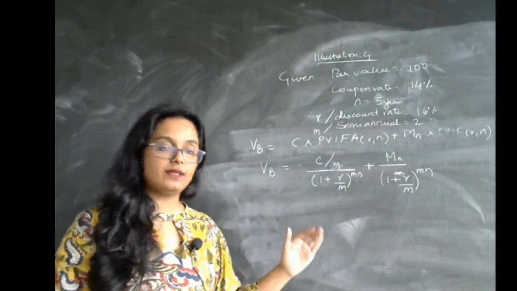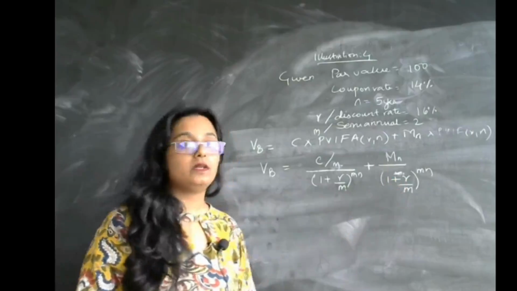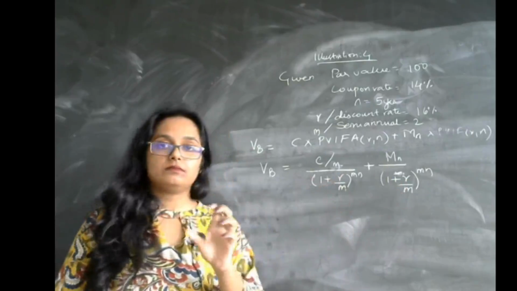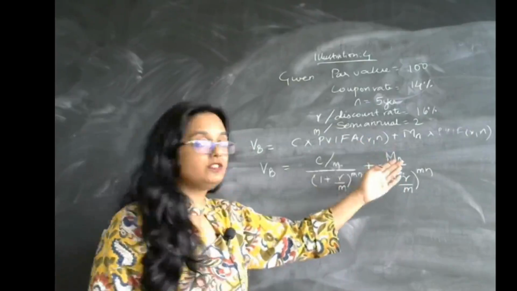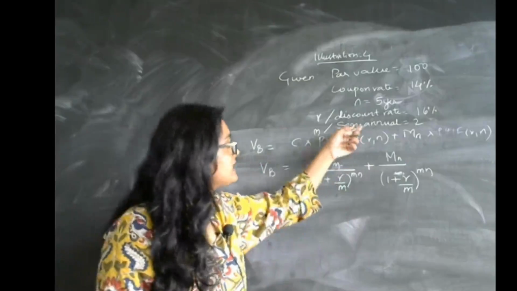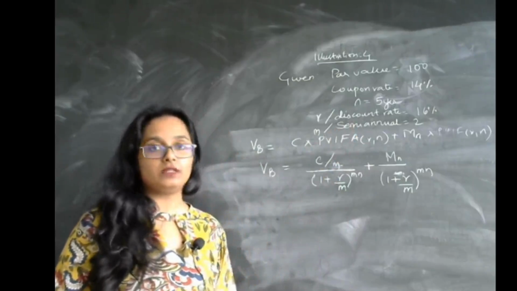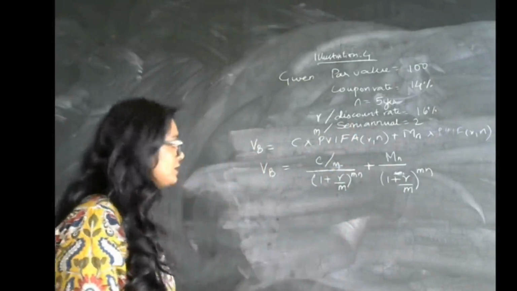So I hope this aspect is clear why we are dividing it with M. This rate of interest is paid in a division, and that will depend upon whether it is semi-annual, monthly, or daily. So this is the solution.